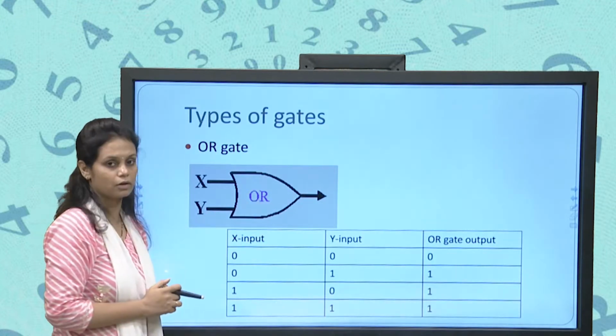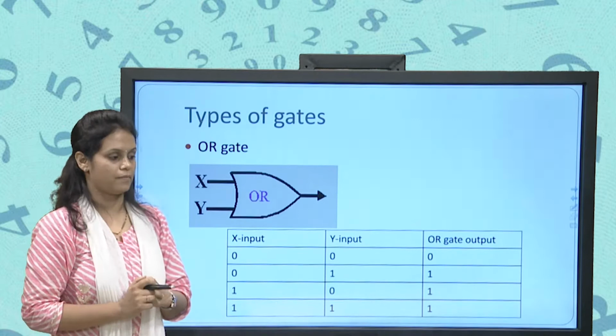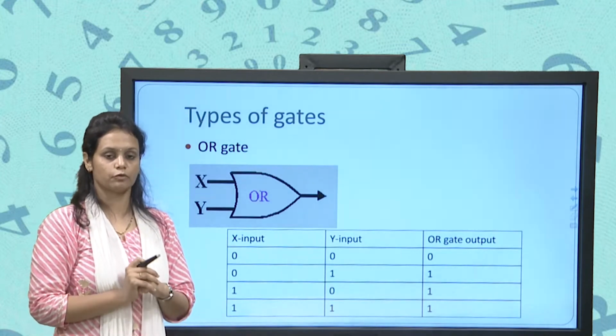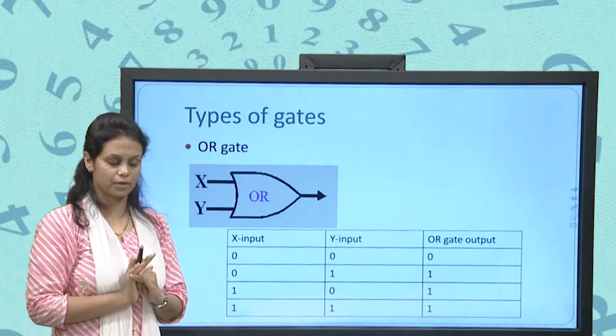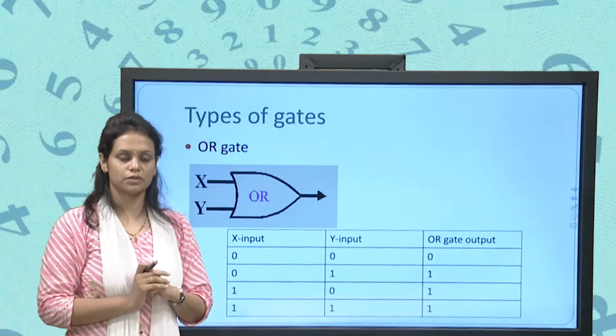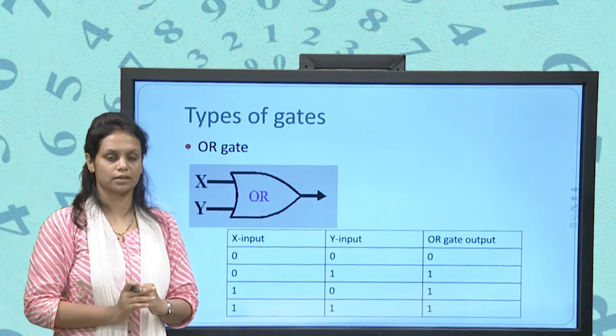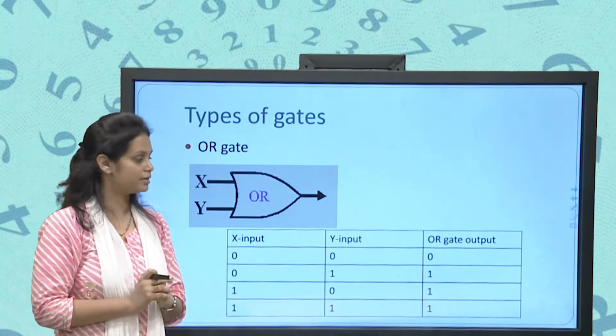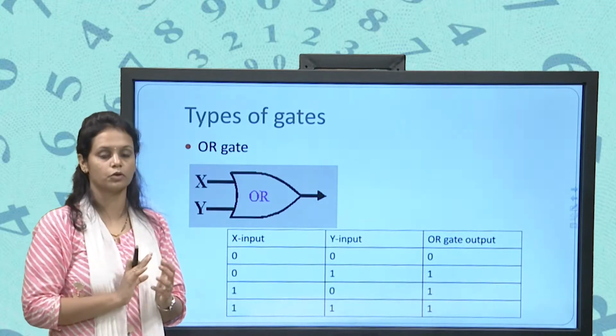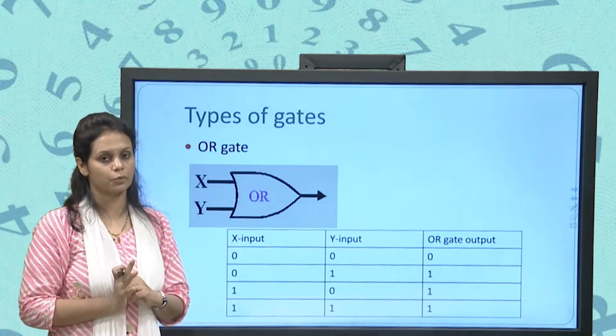Now, what is the meaning of the OR gate? If at least one input is 1, then our output is 1, otherwise it is 0. That means, if your two inputs are 0, then the output is 0.